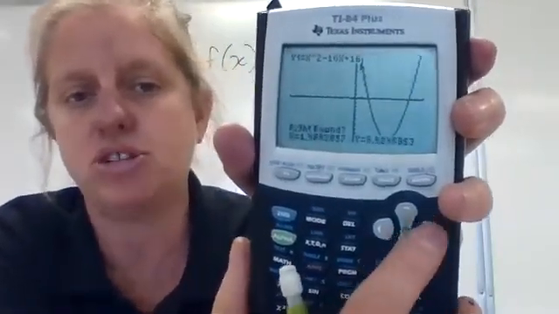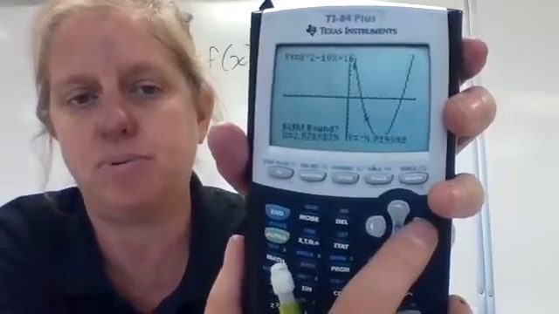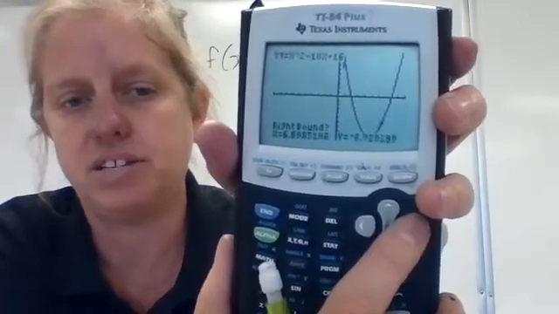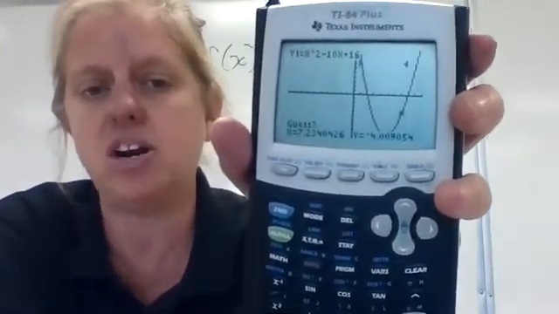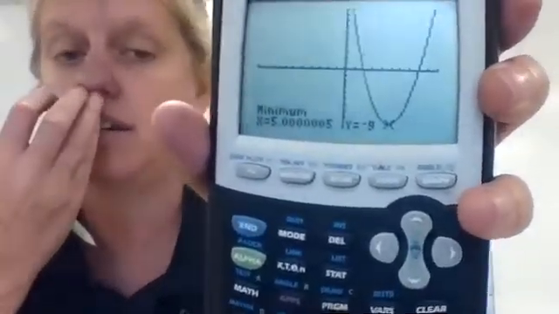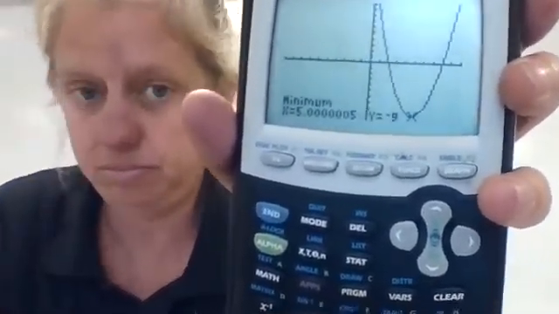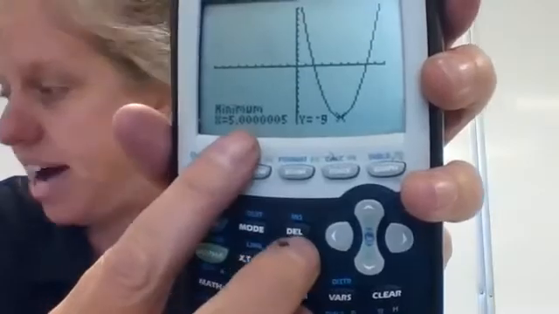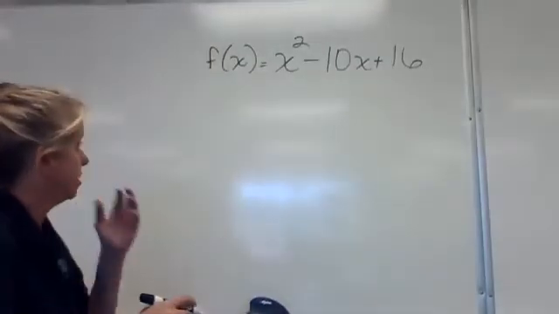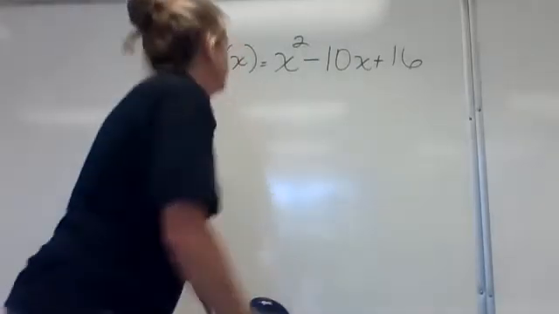And then keep making it go to the right to put it on the right side of the parabola. All right, so there it is on the right. So hit enter and enter again. Remember that last one, you always hit enter twice. So this one's vertex is at 5, -9.